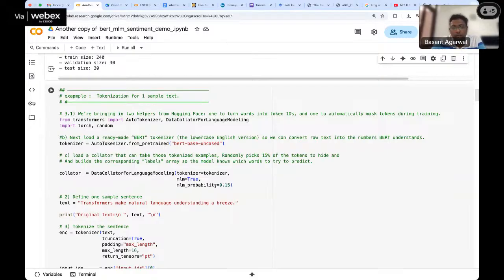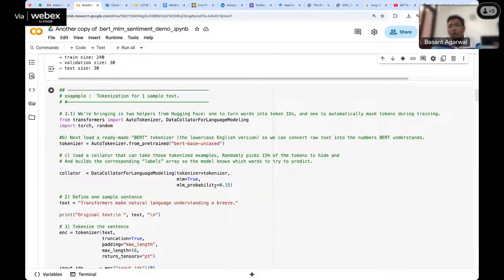And there's a parameter MLM probability, which is given as 15%. So what it will do is it will collect the data, and it will mask 15% of the words as mask.